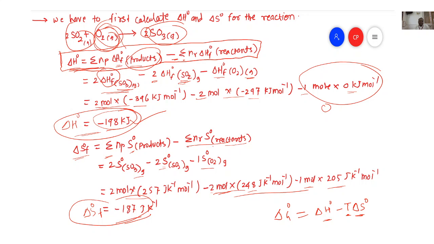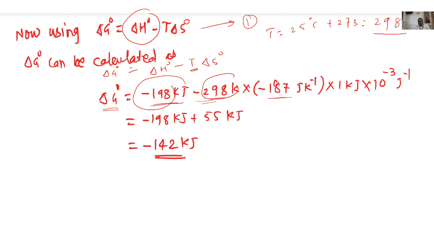This 187 value is coming from the standard entropy change of formation. 187 multiplied by 1 into 10 raised to minus 3. Why 10 raised to minus 3? Because this value is in kilojoule. To convert this value from joule per degree Kelvin, we have to divide by 1000, which means we have to multiply it by 10 raised to minus 3.